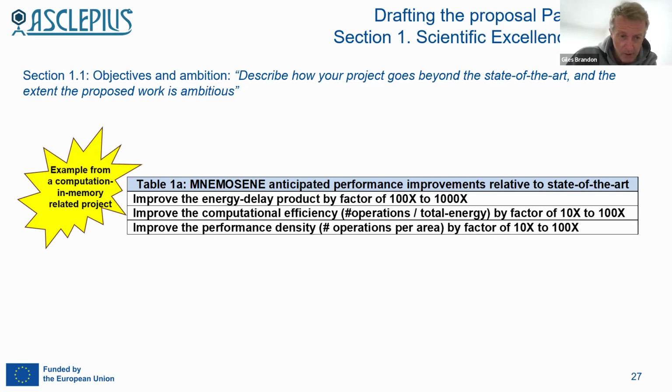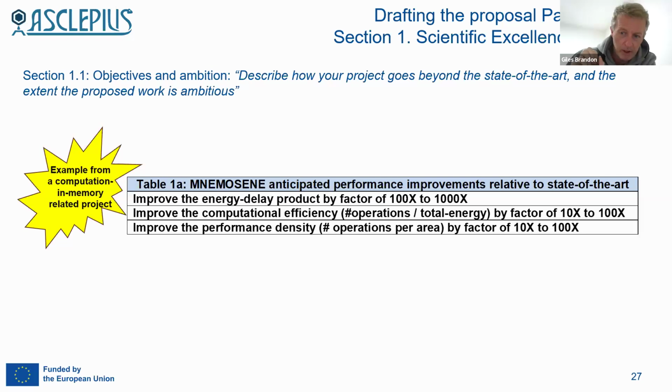So, reading the table, he said, look, we aim to improve the energy delay products by a factor of 100-fold to 1,000-fold, improve the computational efficiency by a factor of 10-fold to 100-fold, improve the performance density by a factor of 10-fold to 100-fold. This is obviously very specific to computation in memory.